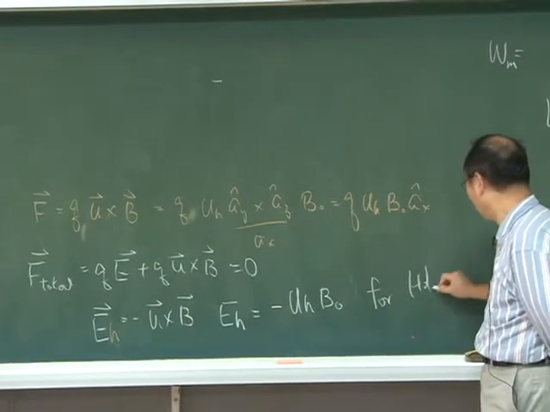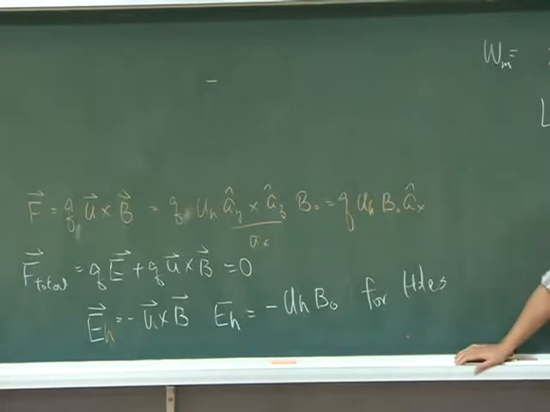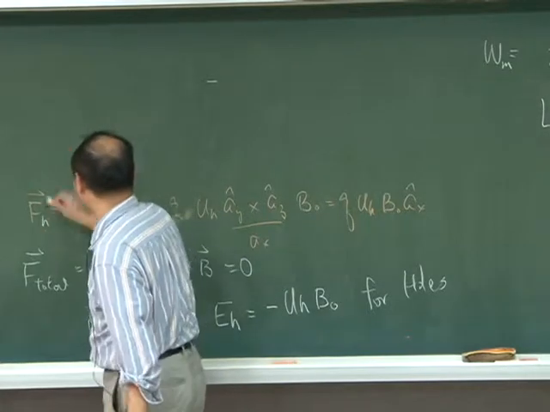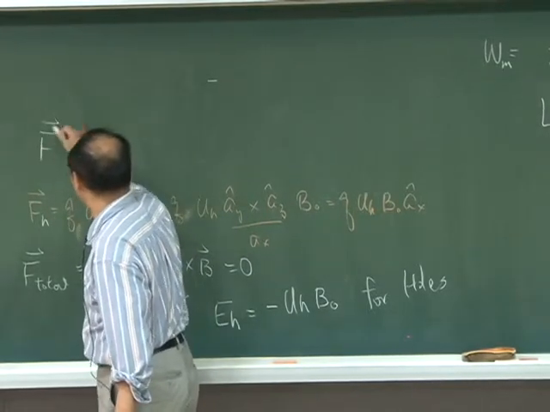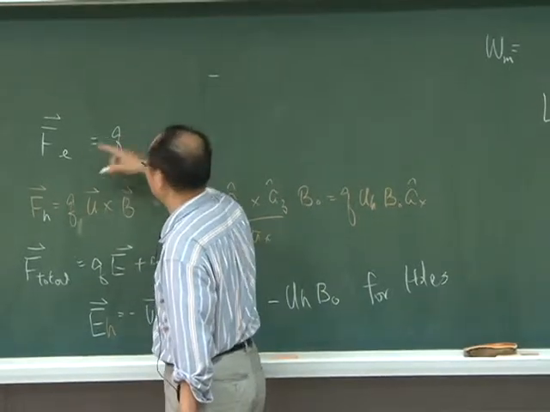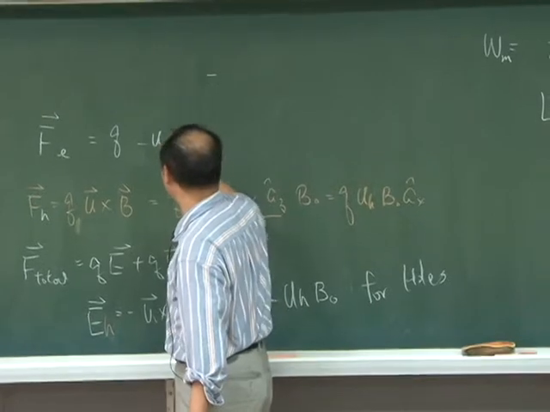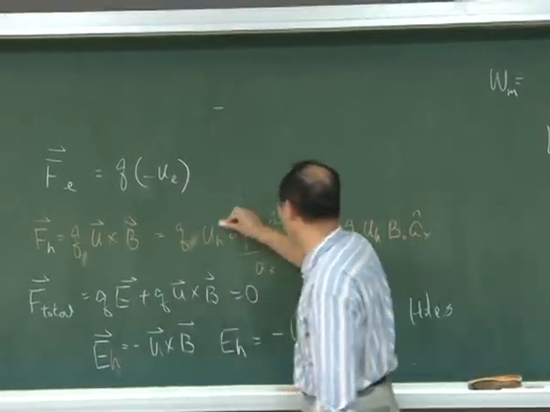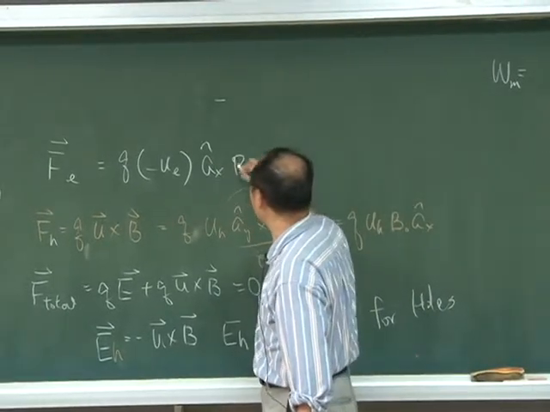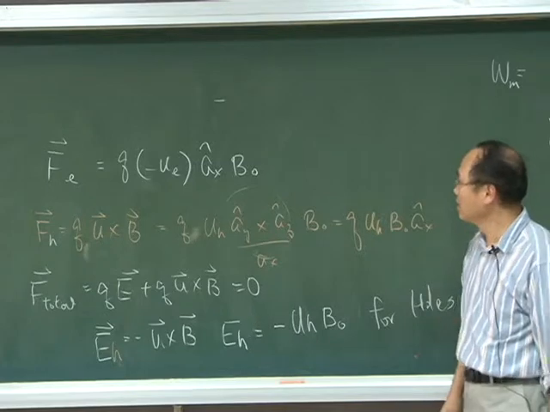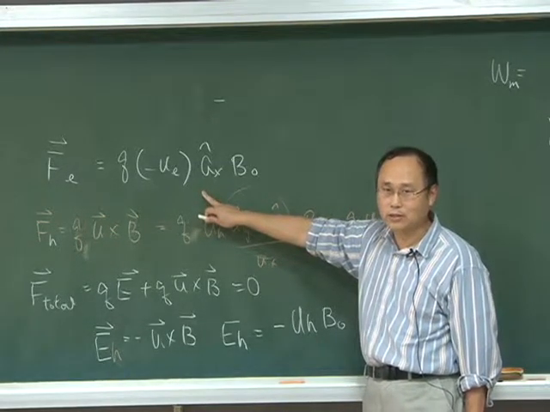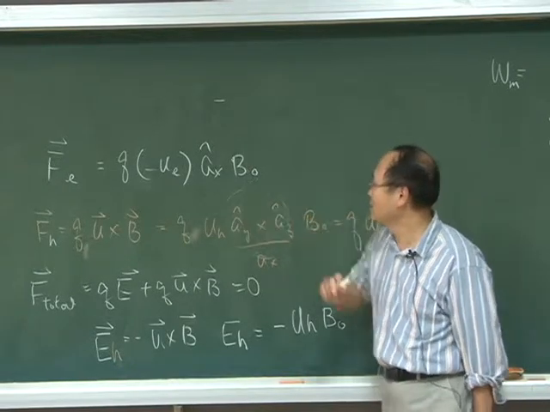For holes, that's the case. But if these are electrons, this becomes Q, take this, minus UE. Again, you do this cross product to get AX, and then this is B naught. So the force for electrons is going to be in the opposite direction, in the minus X direction.